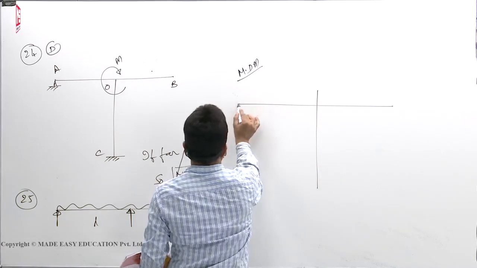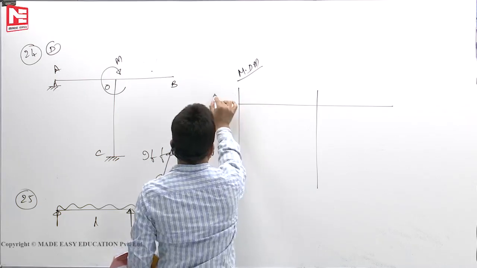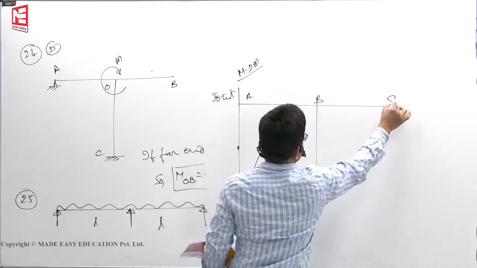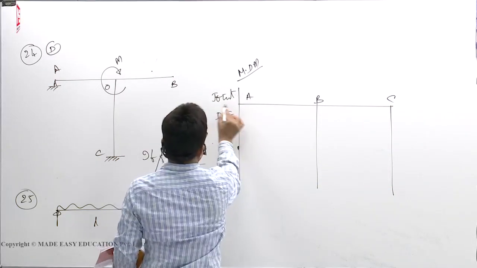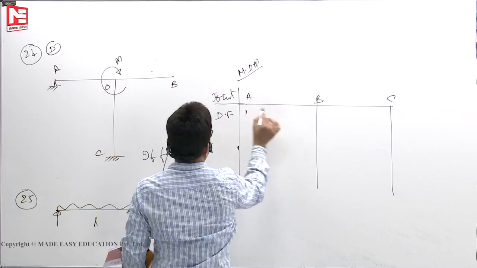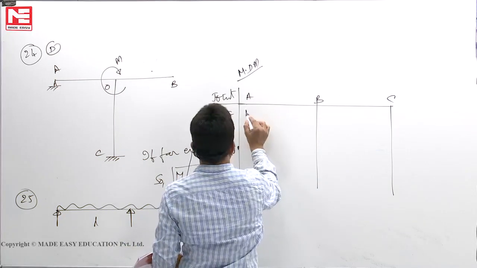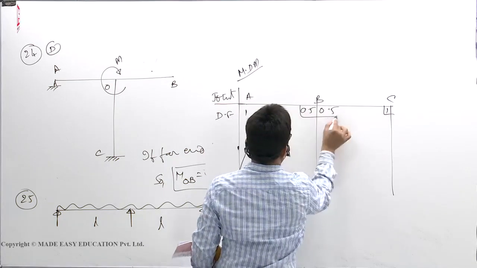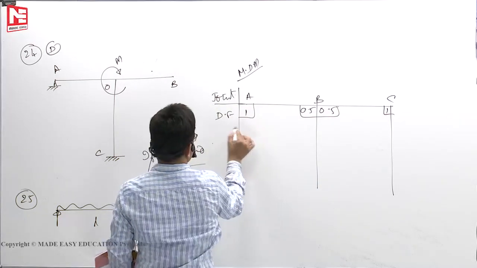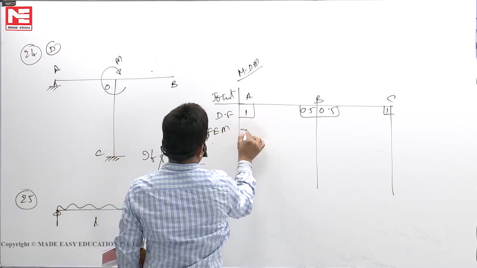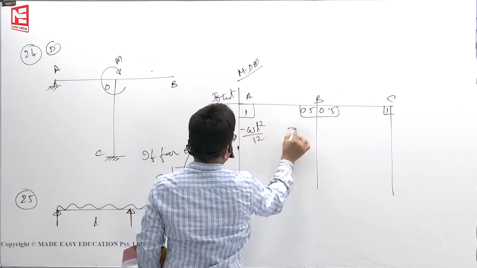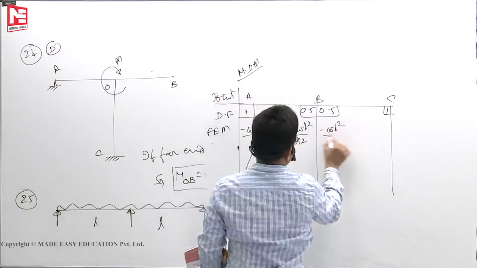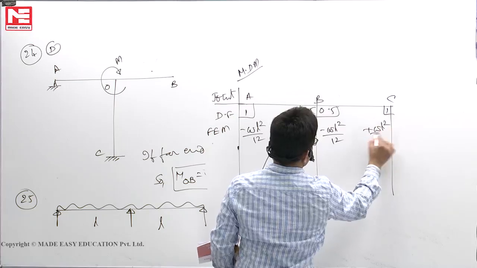You have joints A, B, C. Distribution factors. Here it is 1 because this is hinge support. Here 0.5, 0.5, 1. Fixed end moments: minus WL square by 12, plus WL square by 12, minus WL square by 12, plus WL square by 12.